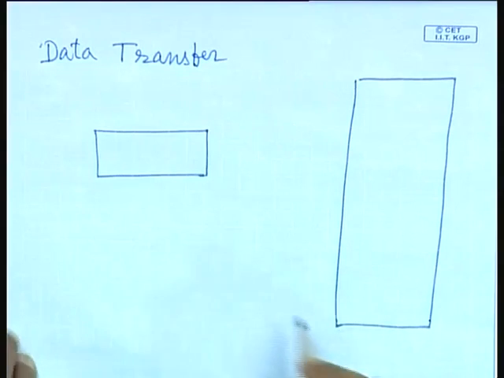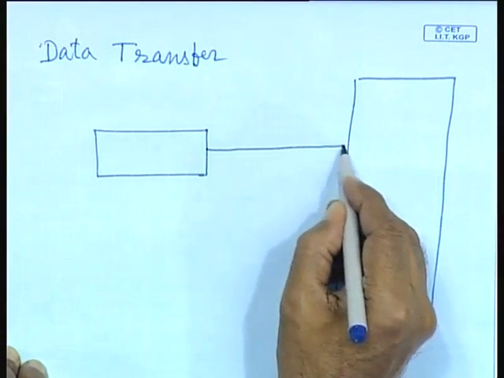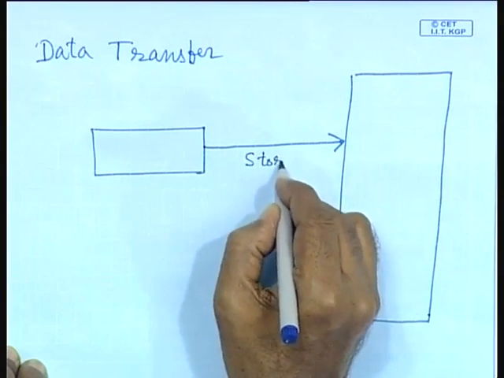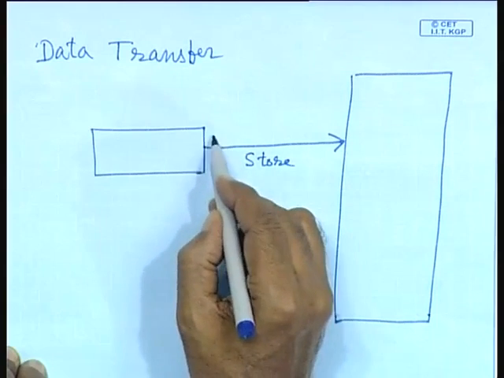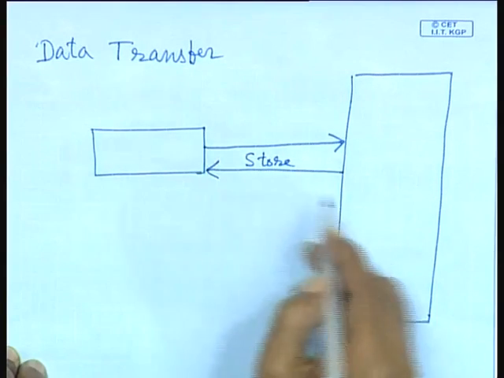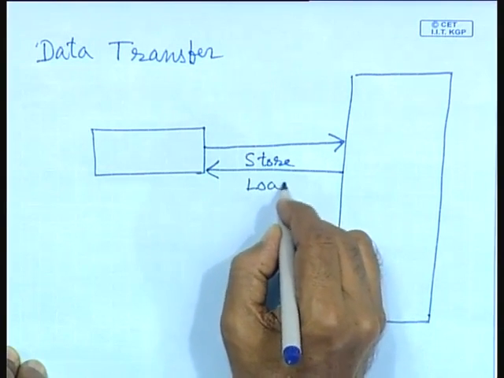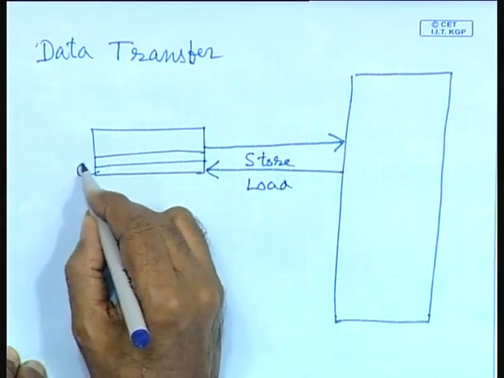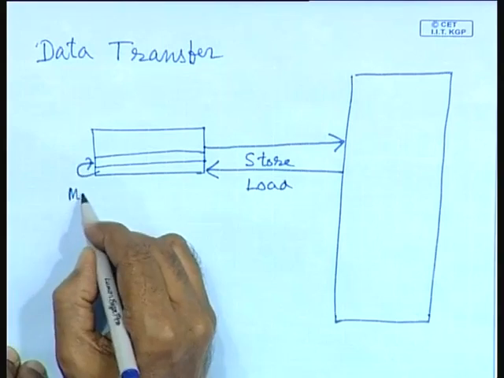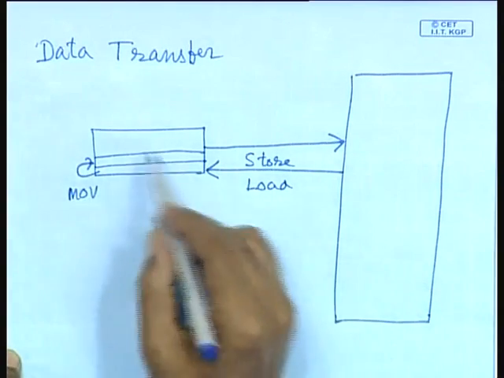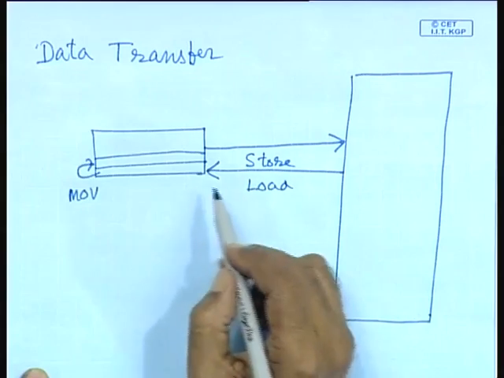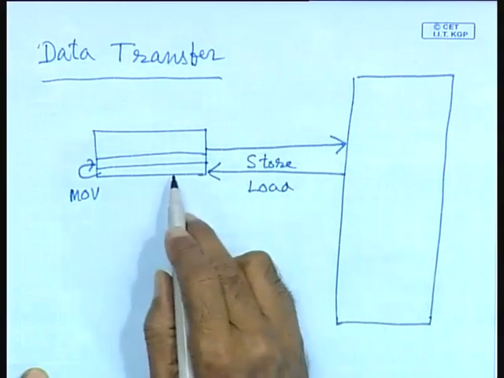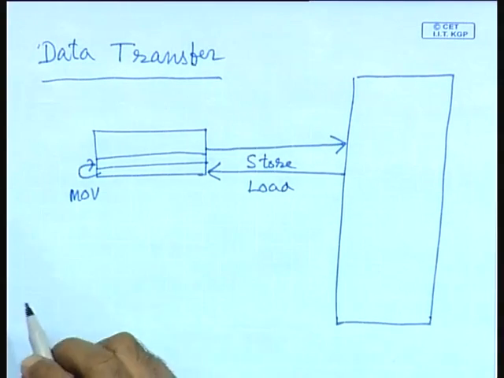You will either be transferring from register to memory, which is called store, or from memory to register, which is load, or from one register to another register, which is normally known as move. So these are the three possible data transfers that can take place between register and memory or within the registers.